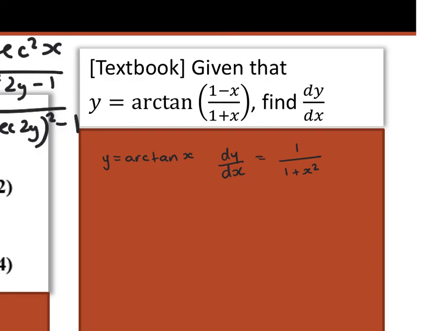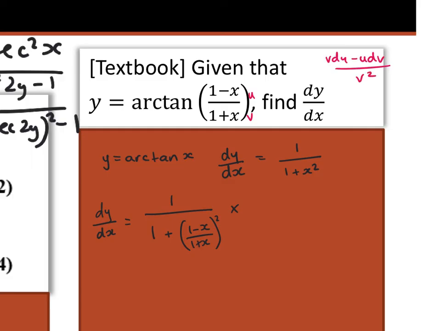So what we're actually going to have is, we know then that dy by dx equals 1 over 1 plus 1 minus x over 1 plus x all squared, yeah? Multiplied by the differential of this bracket. Now this bracket is a function over a function, so we should be thinking quotient rule, okay? v du minus u dv over v squared.